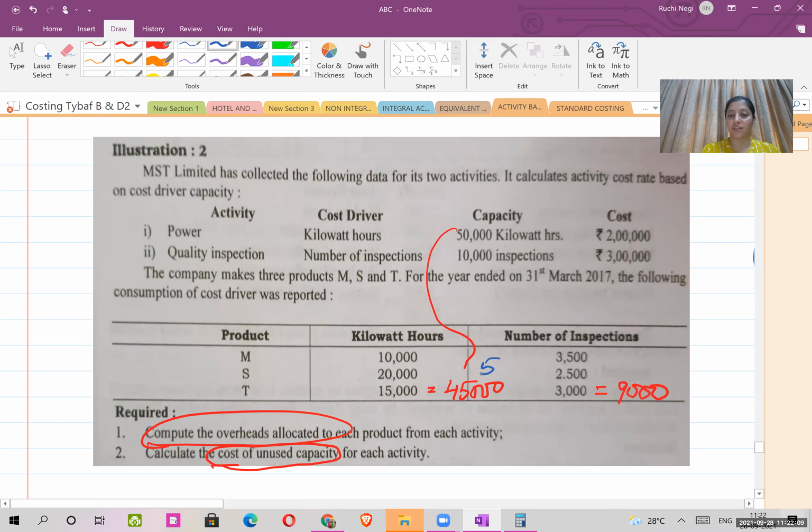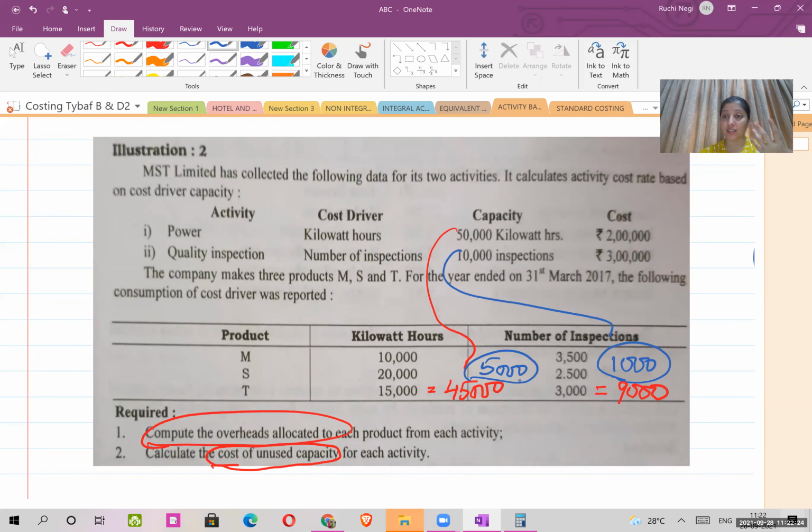Yeah, there is a difference of 5,000 here, which is unused, and there is a difference of 1,000 here, which is unused. So I have to give a calculation of the 5,000 kilowatts which is not used and 1,000 inspections which was not done. Am I clear about the question?